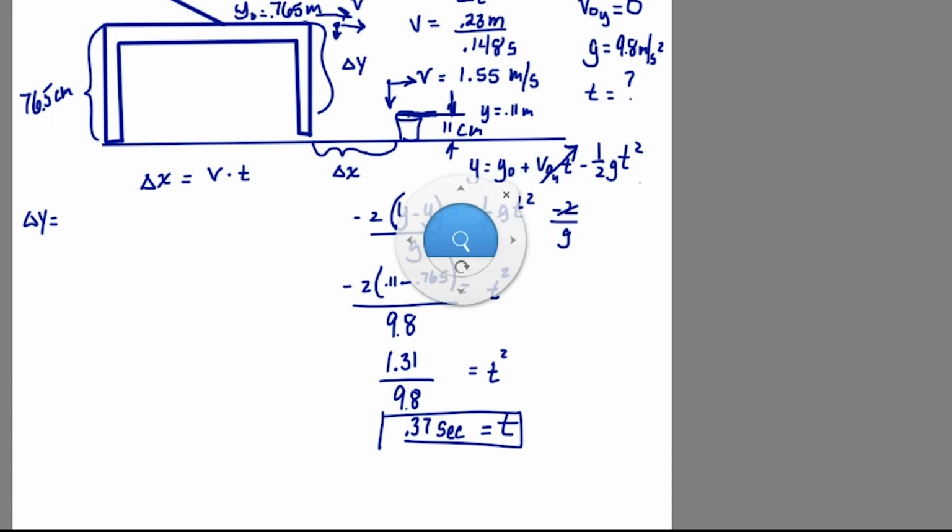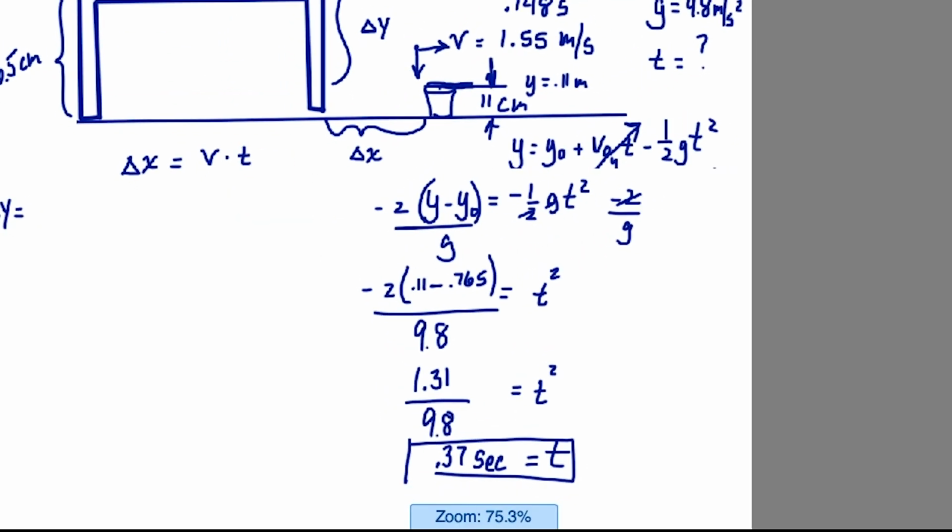We want to know the amount of time it takes for it to fall into the cup. If we know our horizontal velocity and we know the time, we could figure out the change in our x position.